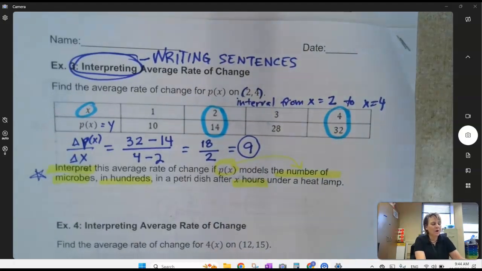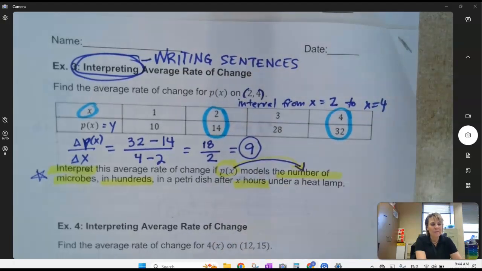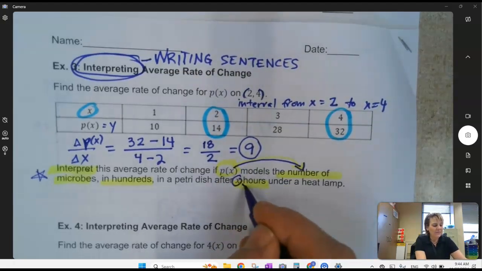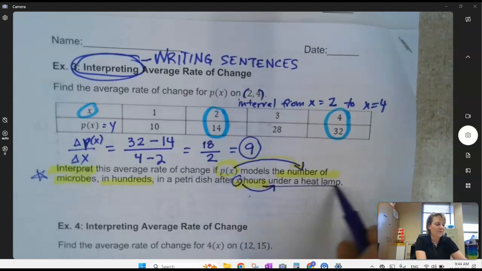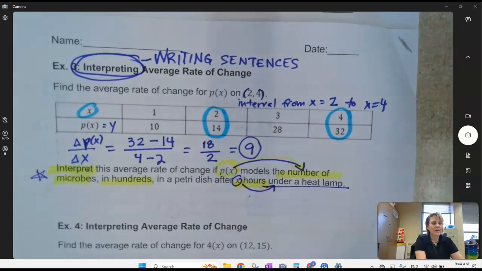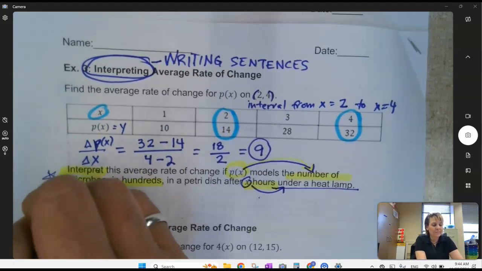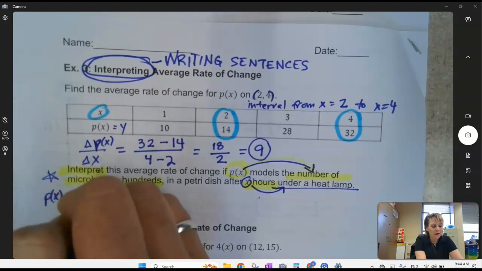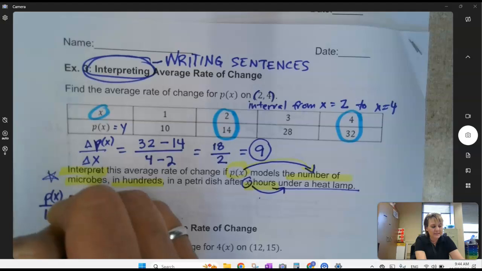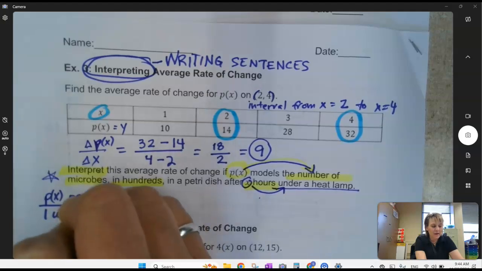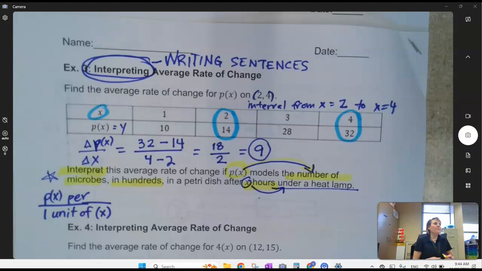So it's important that you notice what the y value is representing and what the x value is representing. x is the hours under a heat lamp, and p of x equals the number of microbes. So when we're interpreting, we say it's p of x per 1 unit of x. Or we can say for each unit of x, or for every unit of x. The denominator is that invisible 1 unit of x that we're considering.